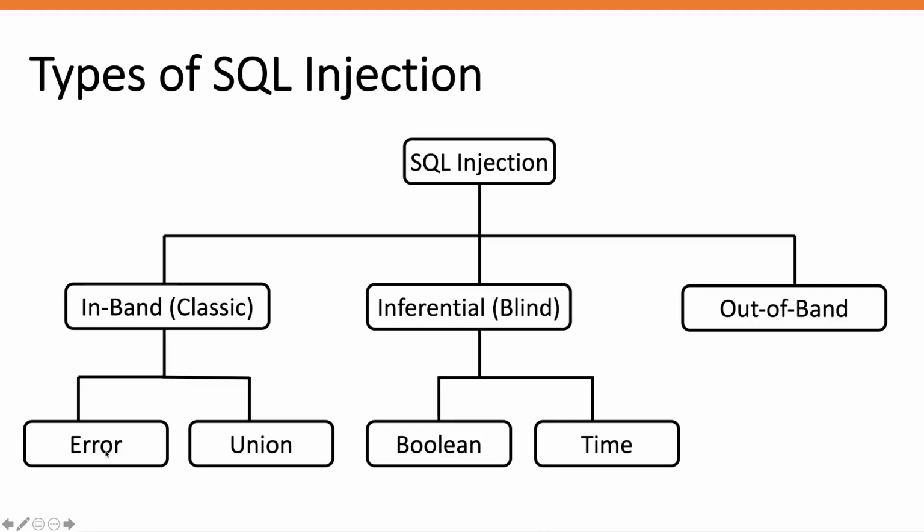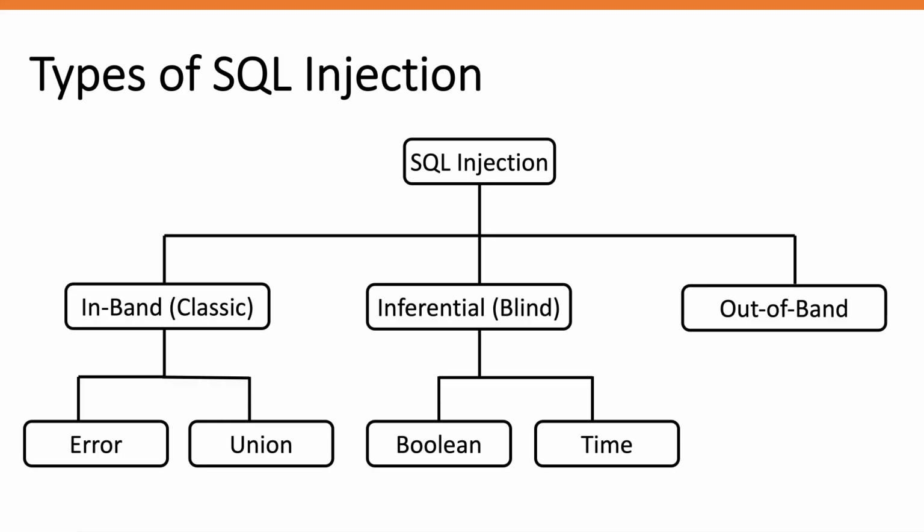Error-based SQL injection is a technique where you force the database to generate an error, giving you more information about how things operate at the backend. So an example would be if you have a parameter that is vulnerable to SQL injection, and you put a single quote into that parameter, and that breaks the backend query, which generates an error at the application level.